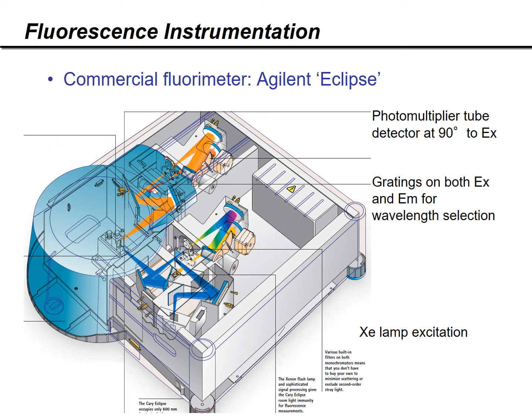Now, there are gratings on both the excitation and emission side, and these are for wavelength selection. What's shown here is full spectral light, so that's white light, from a xenon lamp, that's the excitation. And the grating then selects which wavelength you want to excite the sample with. So in the picture here, blue has been selected.